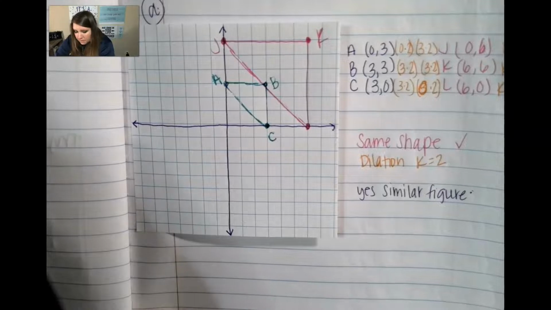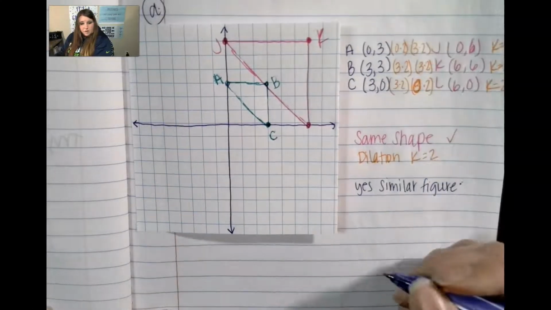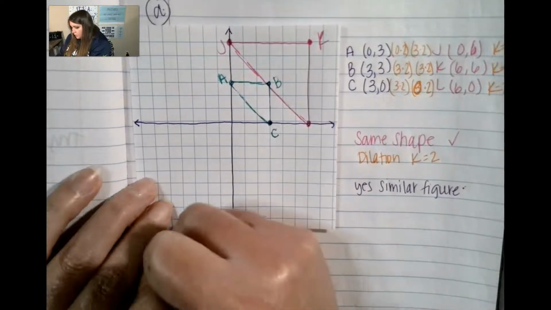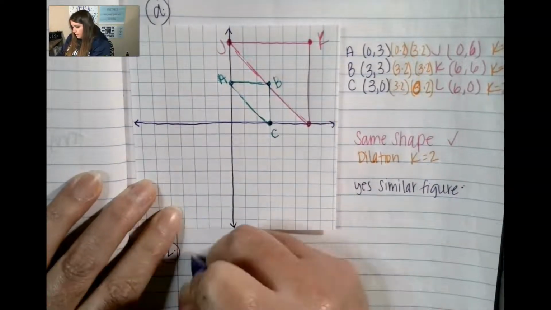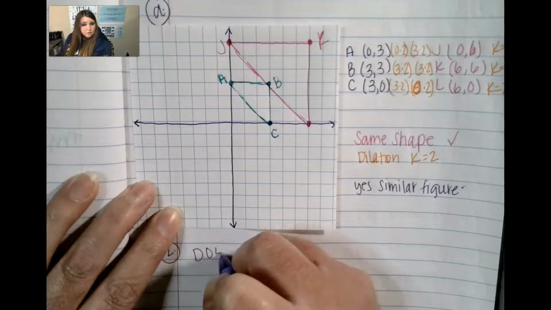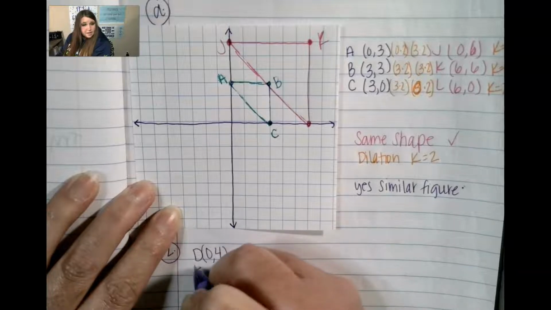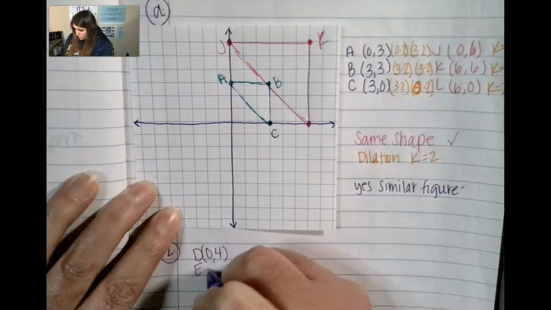I think I can make it purple. So I'm going to take triangle DEF, try number 2. D starts at (0, 4), and then E is (5, 4).